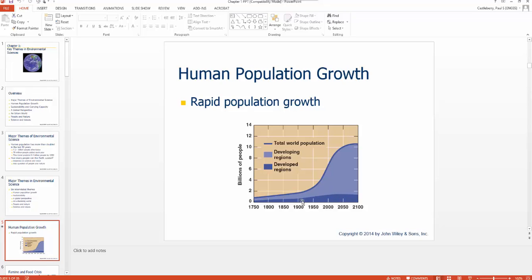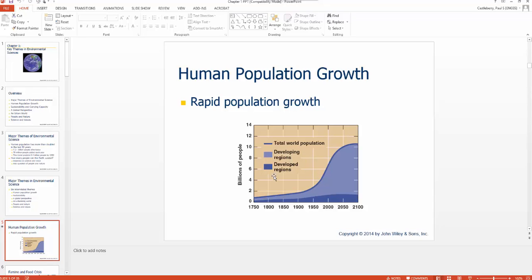Some of the developed regions would be North America, China, Great Britain, France, Germany, Australia.